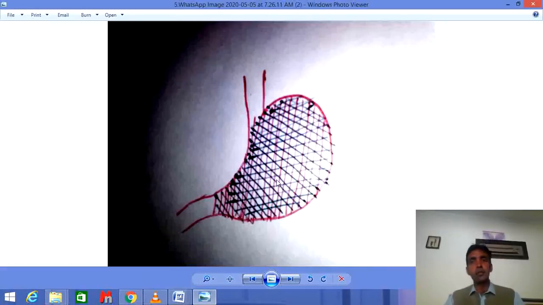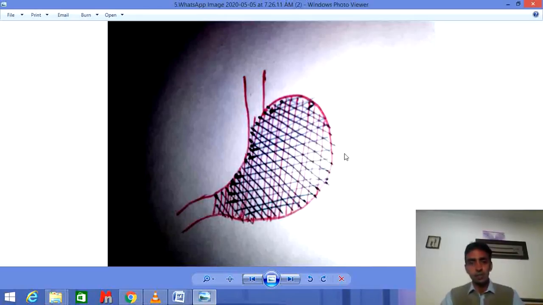When all the types of muscles in the stomach contract and relax, they give three-dimensional movement to the stomach. This leads to the crushing of food and thoroughly mixing of food. That is why this is called churning.